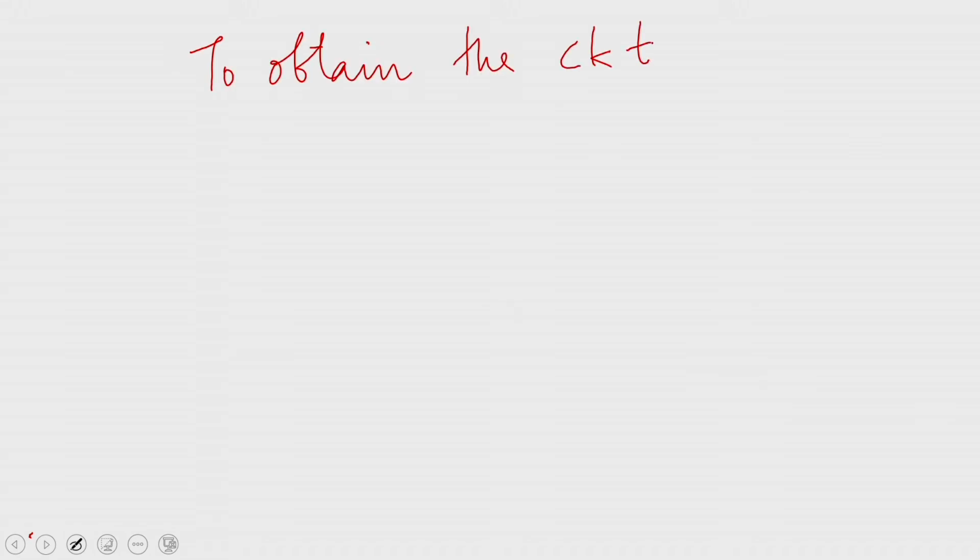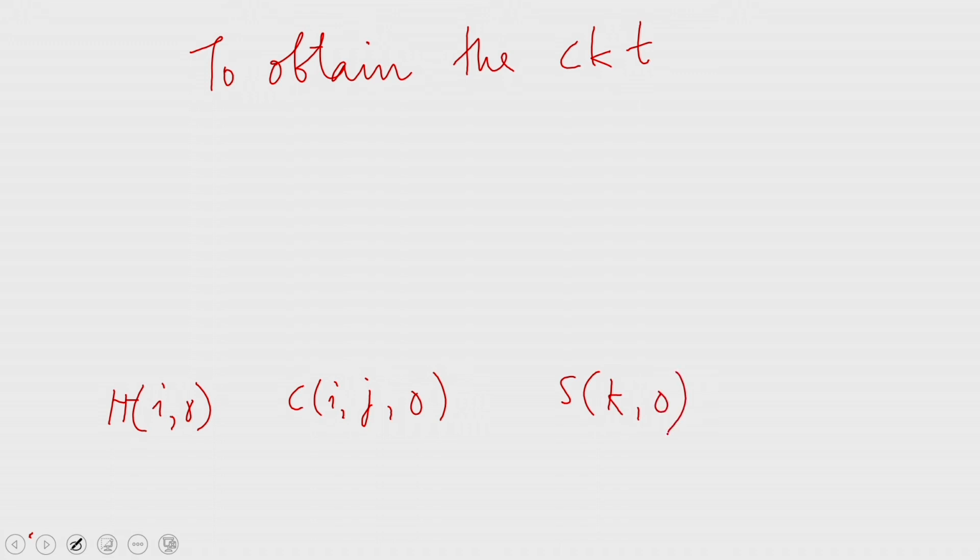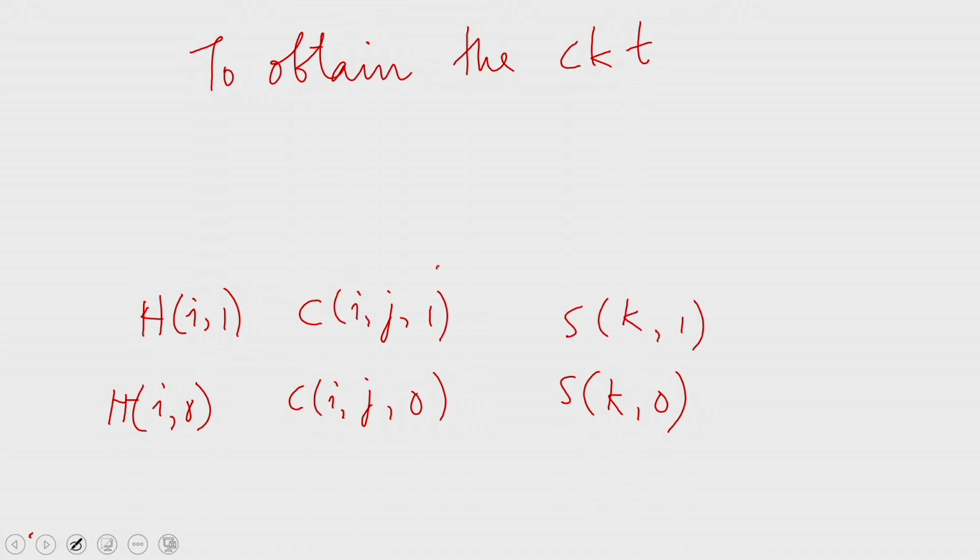To obtain the circuit, at the lowest level we have H_i0, C_ij0 and S_k0. These are the signal points corresponding to time 0, and then at the next level we have H_i1, C_ij1 and S_k1, and going all the way we come to H_it(n).